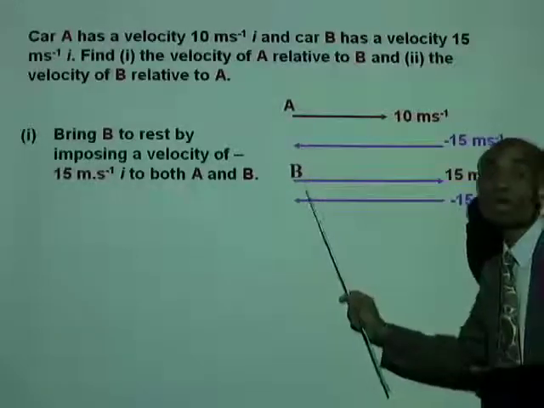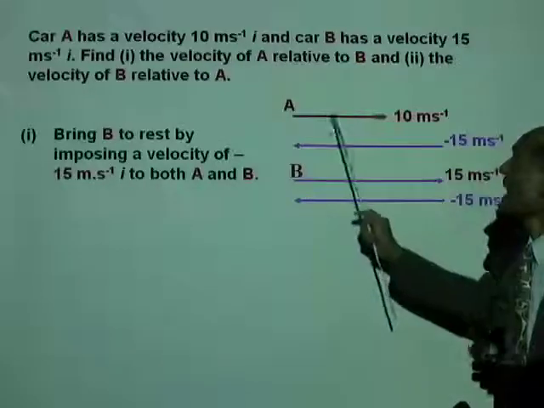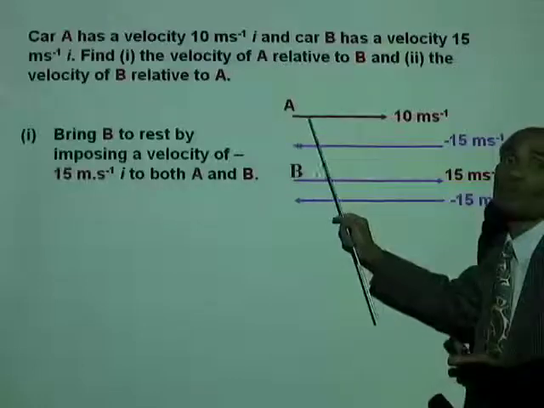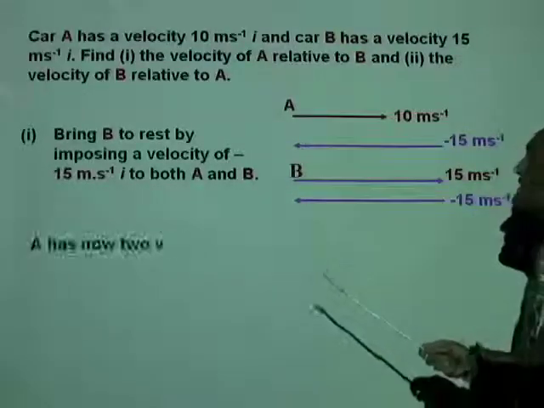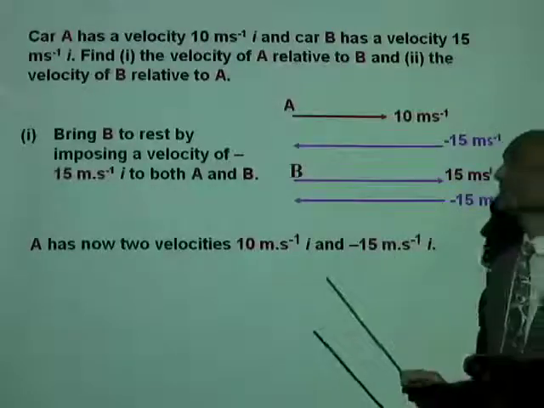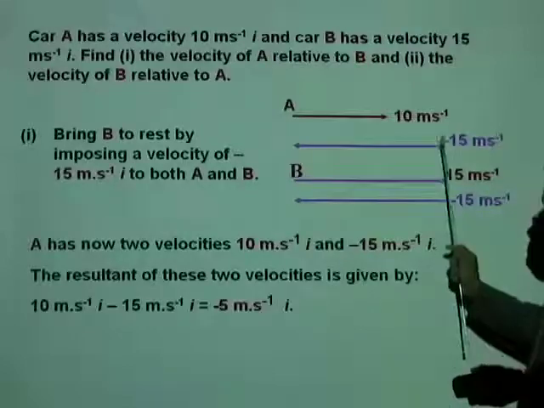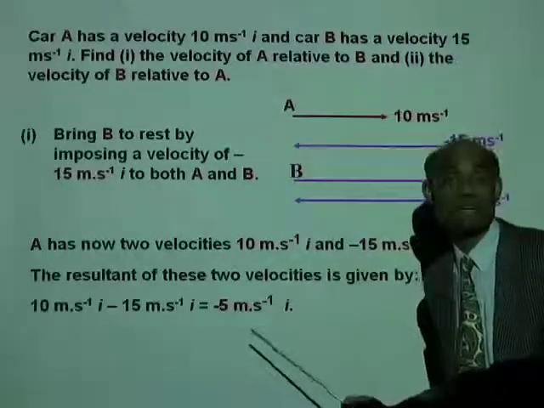What does it do to B? B is now brought to rest. And what is the resultant velocity of A? It will be 10 minus 15, that is negative 5 meters per second. So the resultant velocity of A is negative 5 meters per second i.